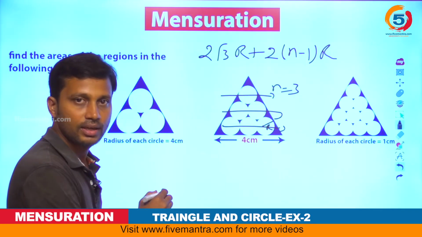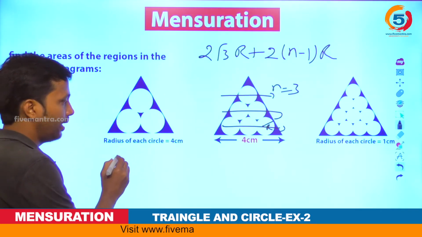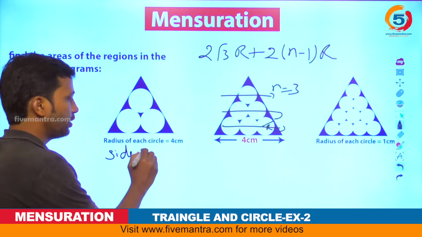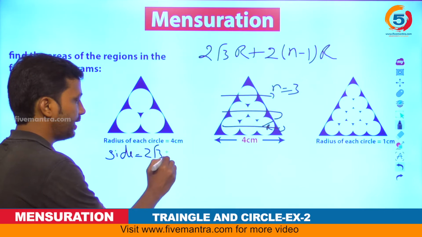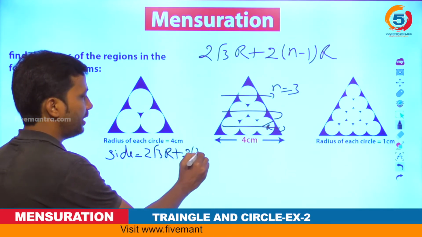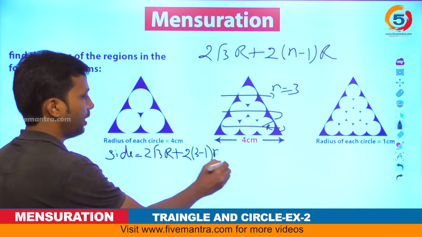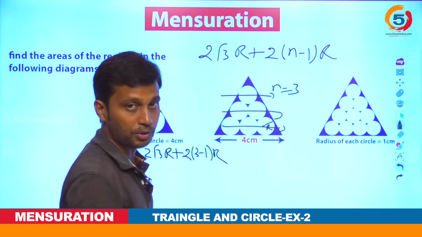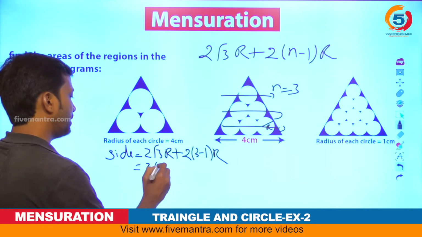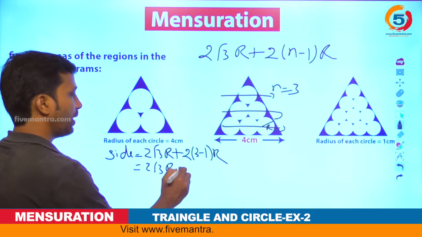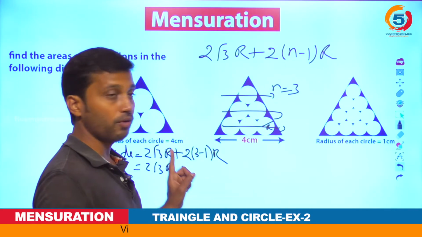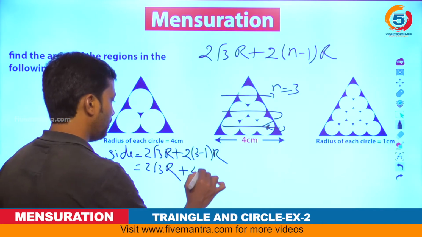The side is 2 root 3 R plus 2 into 3 minus 1 into R, with n equal to 3. Now 2 root 3 R, plus 3 minus 1 would be 2, and 2 into 2 will be 4, so 4R.